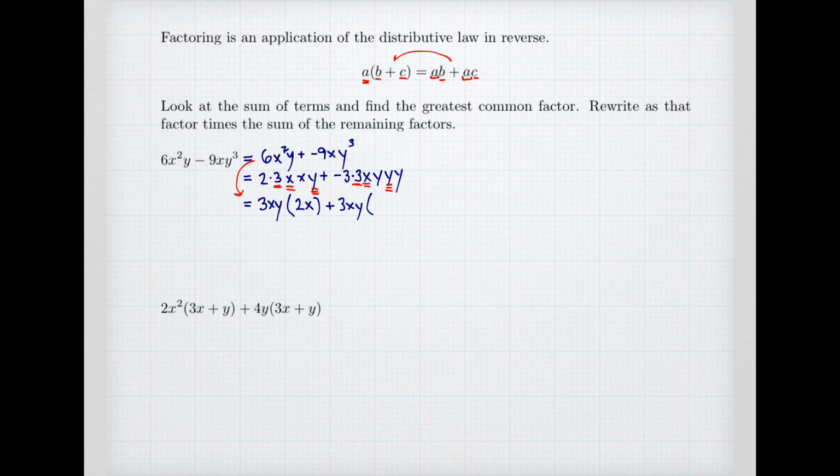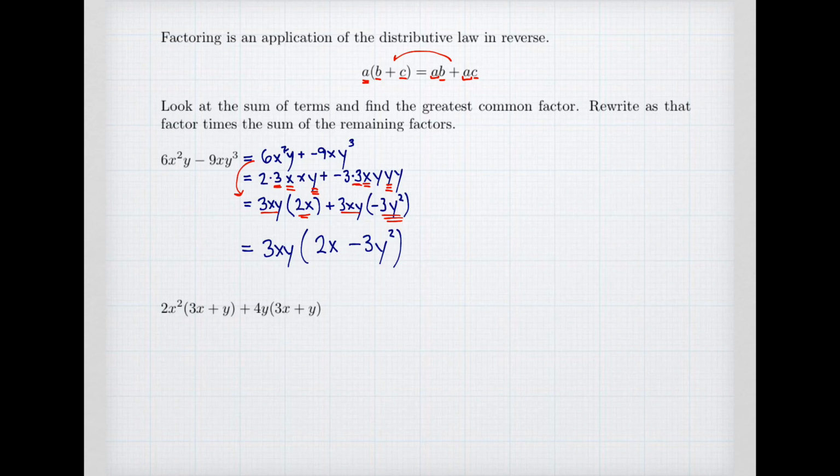I have a negative 3 and 2 y's were not accounted for, so we've got negative 3y squared. And now this is in the form of what the distributive law would predict. I have a common factor times some other stuff, and factoring says let's factor out, reverse distribution, 3xy. The first term was 2x and the second term was minus 3y squared.